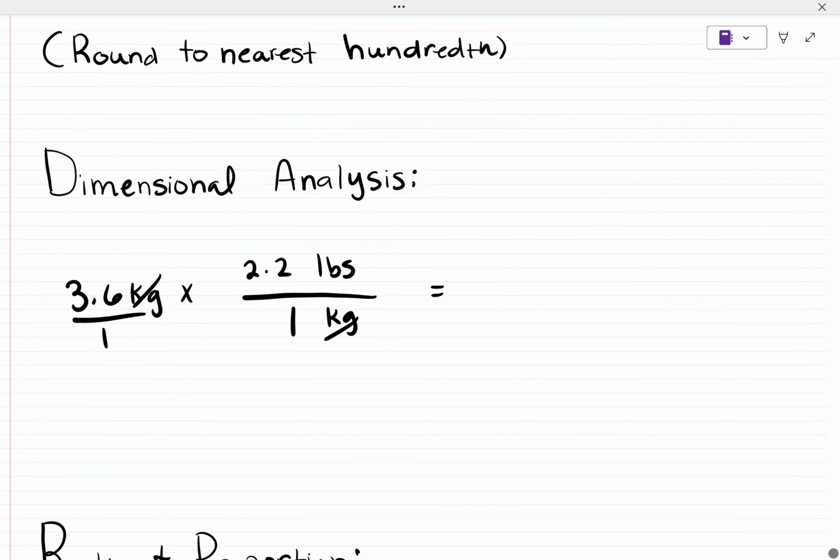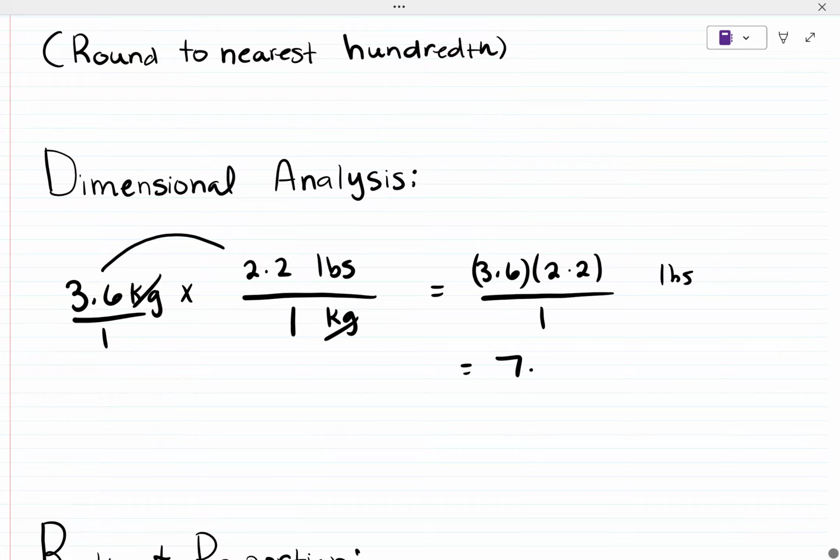Kilograms disappear, and then you're left with pounds. And then you just multiply across, so that's 3.6 times 2.2. And then on the bottom, it's 1 times 1. And you get 7.92. Let me be exact.